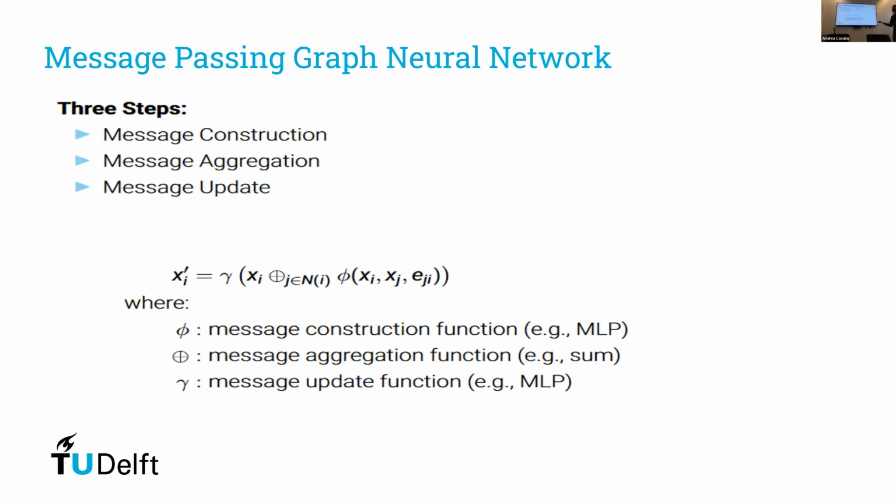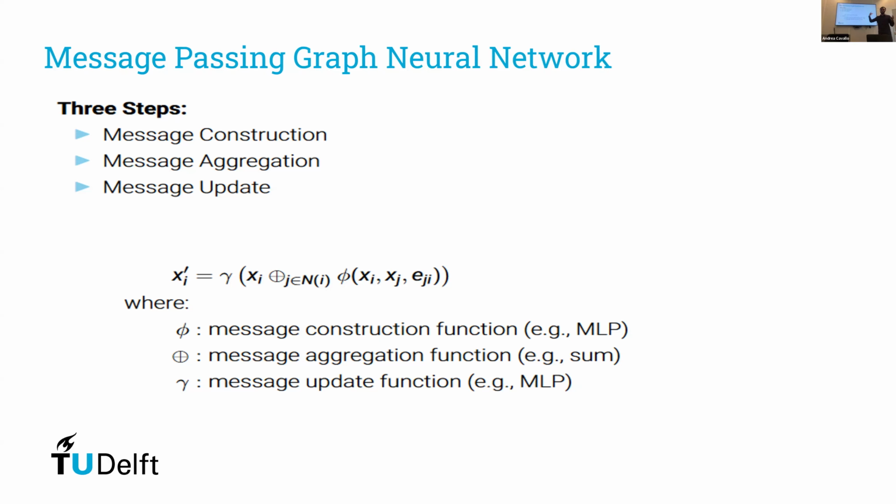Then I would also briefly talk about the message passing graph neural network, which is the most popular variant of graph neural network. The architecture basically follows 3 steps: message construction, message aggregation, and then you update the message. To construct a message, you can use things like an MLP.